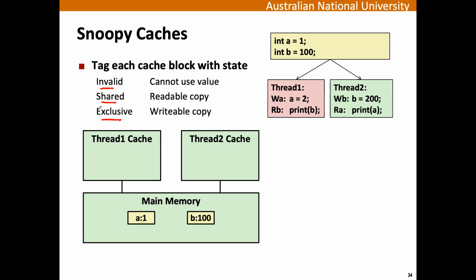Before a core can write to a cache line, it needs to acquire exclusive access to that line. So what does it mean? When it does a write to A, it now has the exclusive copy of A. Similarly, core 2 has the exclusive copy of B.